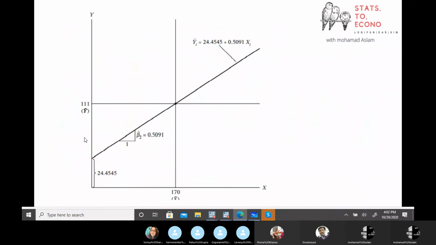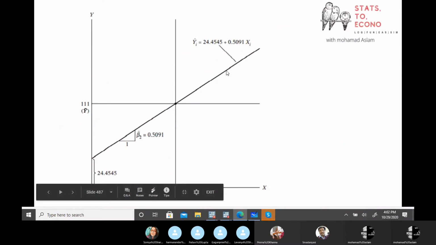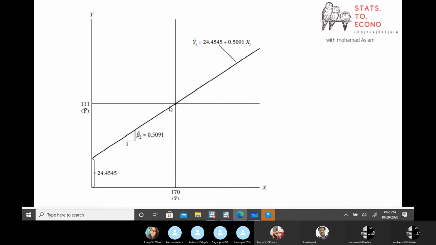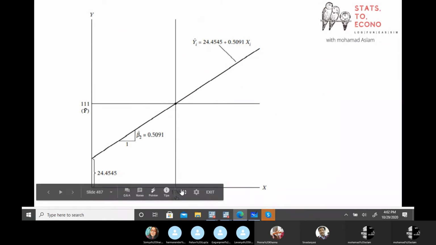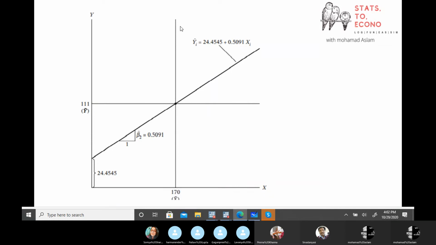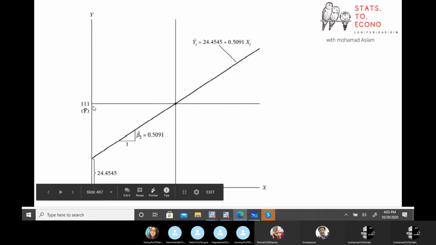So whatever regression line we have, this line will pass through the sample mean of y and the sample mean of x.